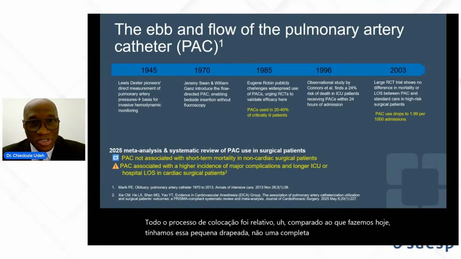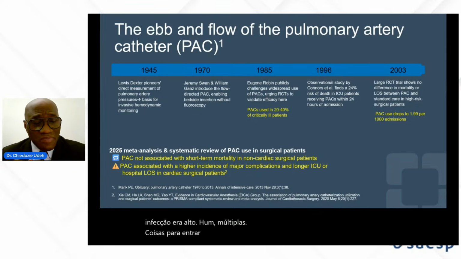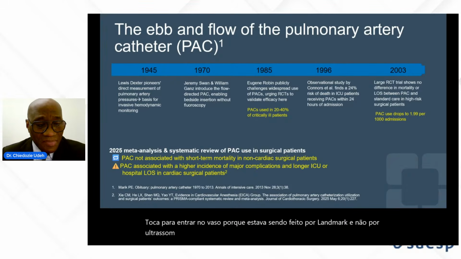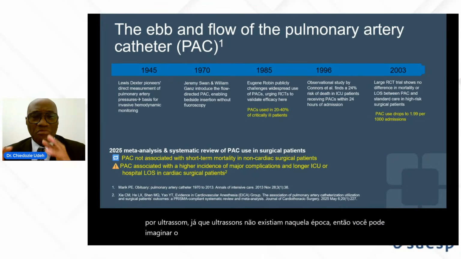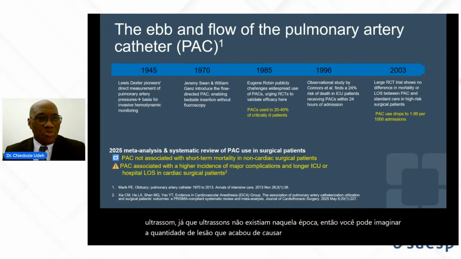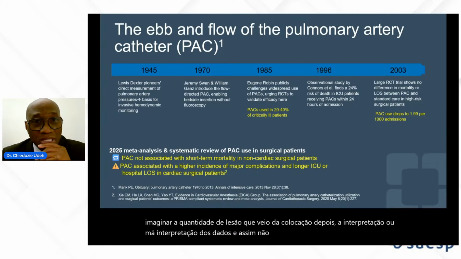The risk of infection was high, with multiple pokes to get into the vessel because it was being done by landmark and not ultrasound guided, because ultrasounds were not available back then. And so you can imagine the amount of injury that just came from placement, let alone the interpretation or misinterpretation of the data. And so, not surprisingly, the use of PA catheters plummeted.